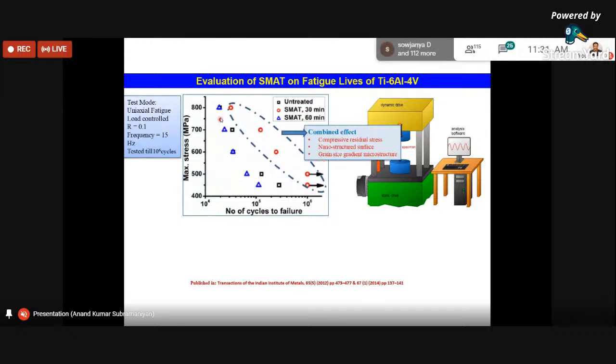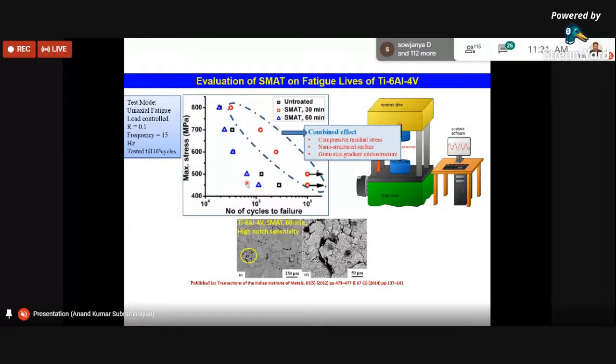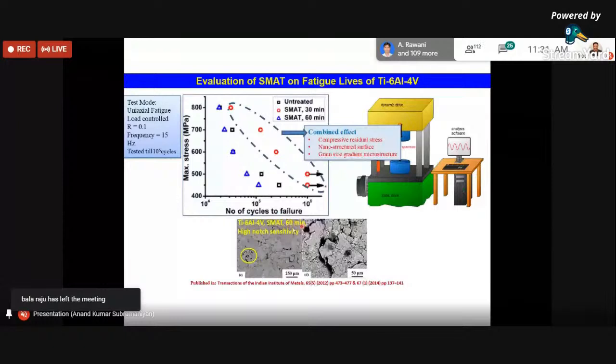On the other hand, for the 60-minute treated sample, the inferior performance can be attributed to the micro cracks present on this sample. For example, in the surface morphology that we saw in the previous slide, when we zoom in on the 60-minute treated sample, there are quite a number of micro cracks already there, and the presence of these micro cracks behaves like potential stress concentration locations.